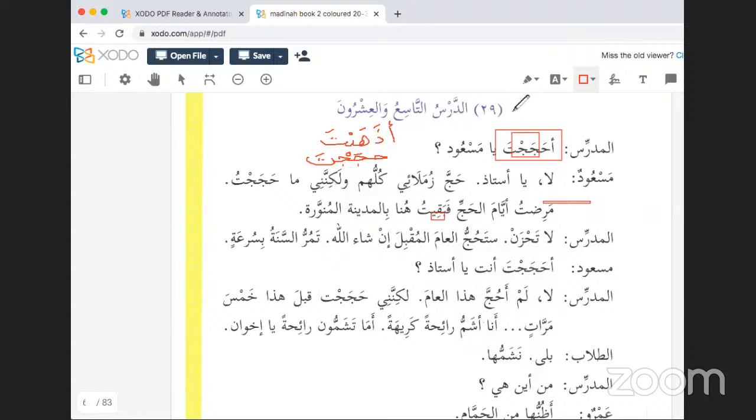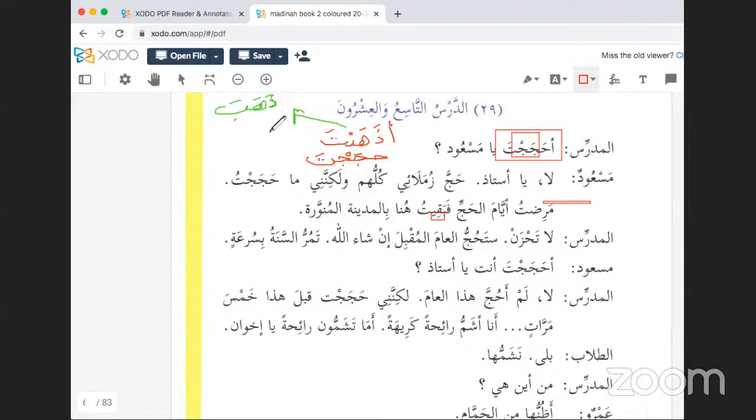Okay, so although we do say dhahaba, because that is the verb and that's easy to pronounce and there's no other alternative.